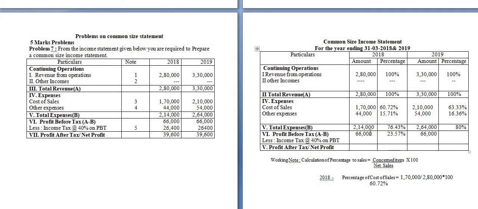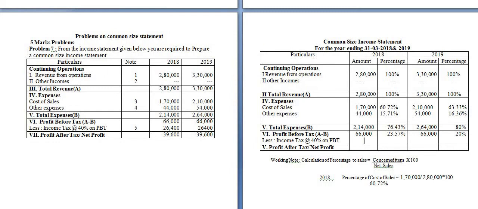Percentage: 66,000 divided by 3,30,000 into 100 is equal to 20%. Now next what?